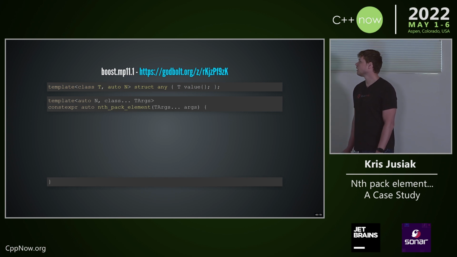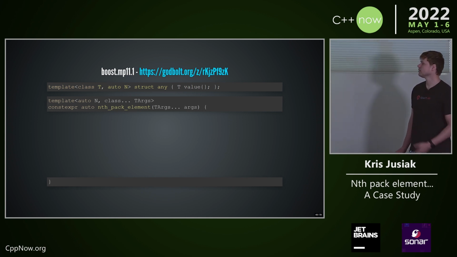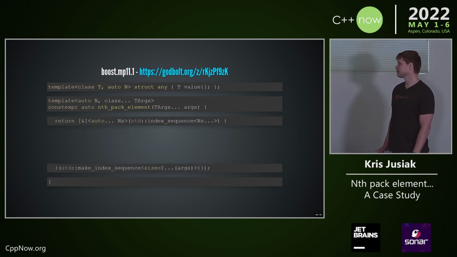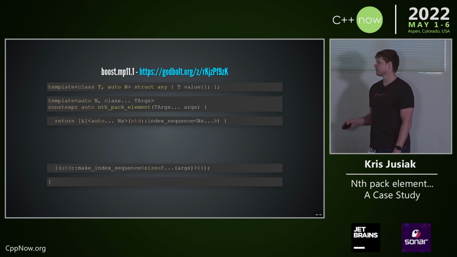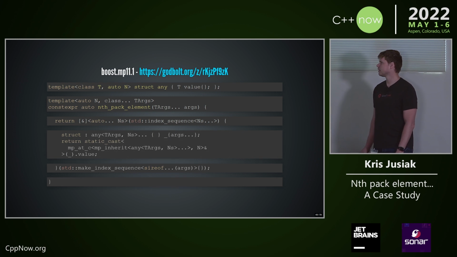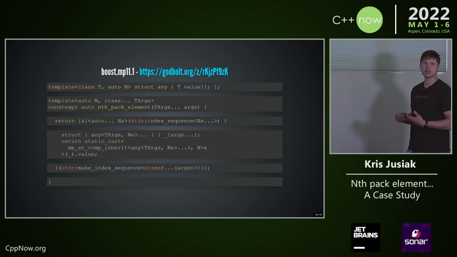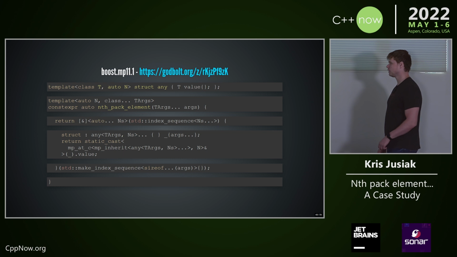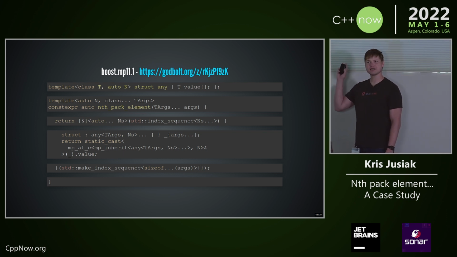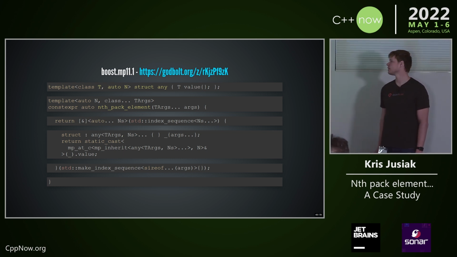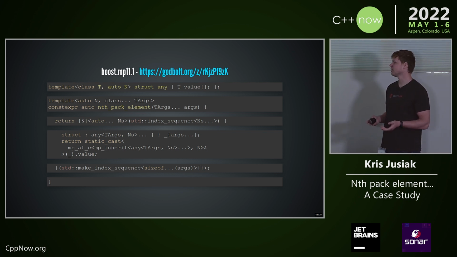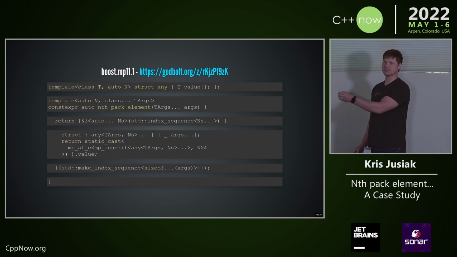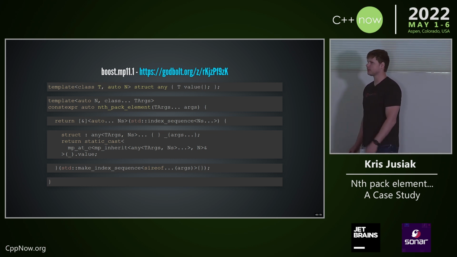So let's take a look into MP11, similar solution to what we had so far. We have the lambda and we can do kind of similar what we've done before. So who knows about mp_inherit? A few people know. mp_inherit is a really nice utility where you pass types and it just inherits from them.